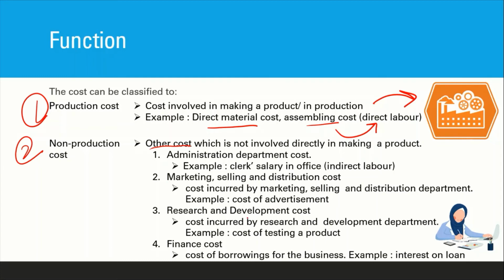The third is research and development costs, such as the cost of testing a product. Lastly is finance costs, the cost of borrowing for the business, such as interest on loan. So anything that is not involved in the factory is the non-production cost.